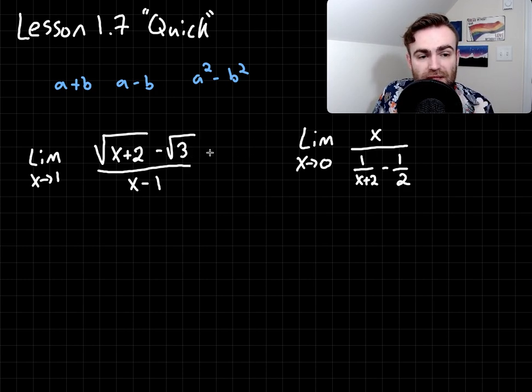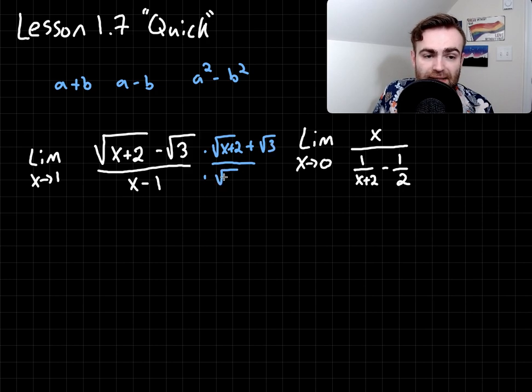So I'm going to multiply the numerator and denominator by the same number so I can keep it equivalent. I'm going to multiply by x plus 2 plus the square root of 3 over x plus 2 plus the square root of 3.